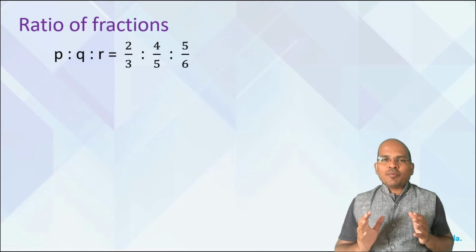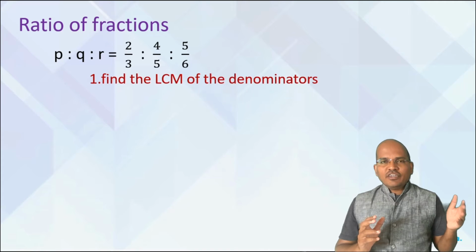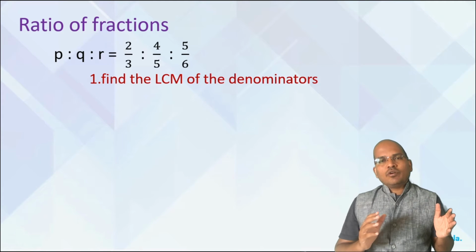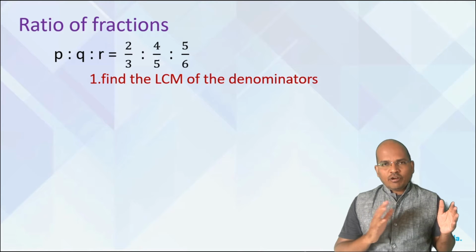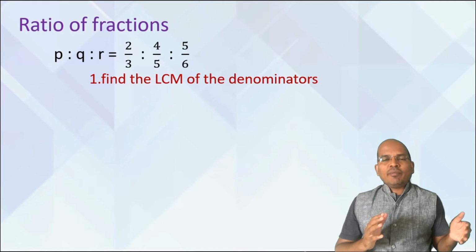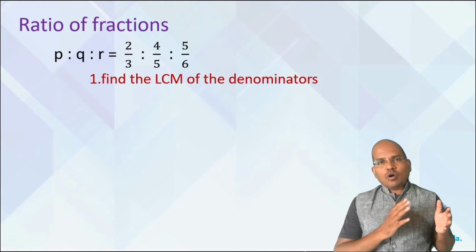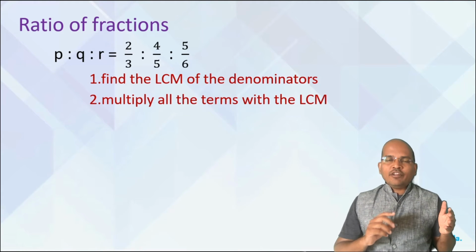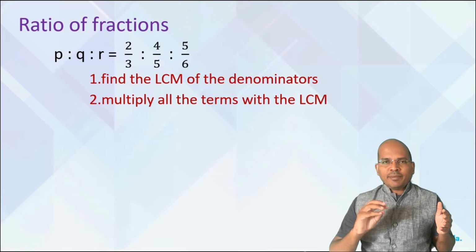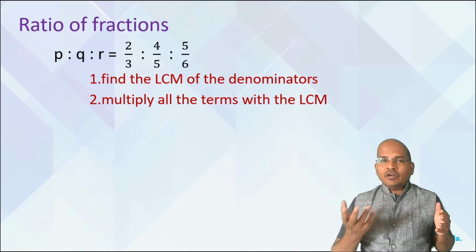How do you do it? We have a procedure. The procedure says, in the first step find the LCM of the consequents or the denominators. Find the LCM of the denominators, and in step 2 we multiply that LCM to all the terms of the ratio. We have seen a minute ago saying that if every term in the ratio is multiplied with the same constant, then the value does not change.